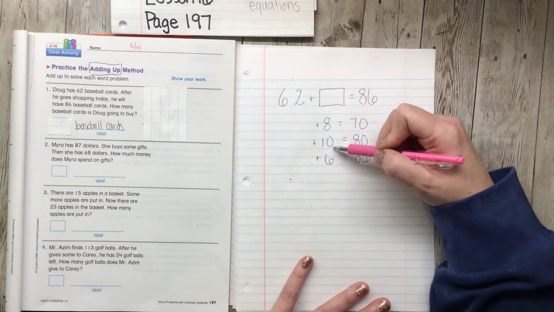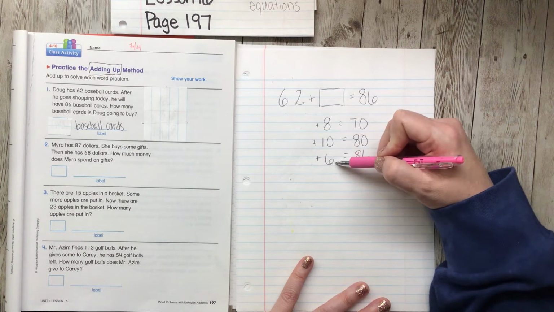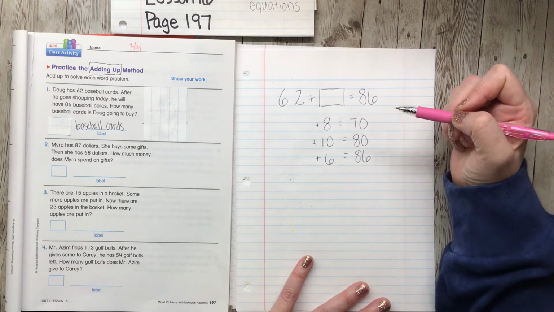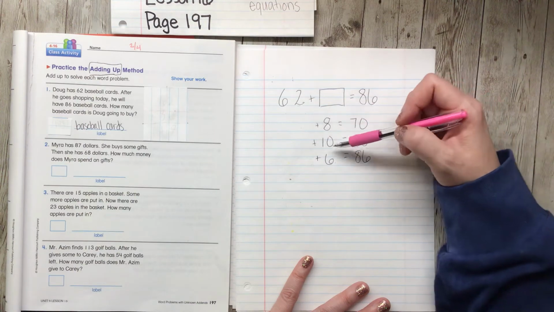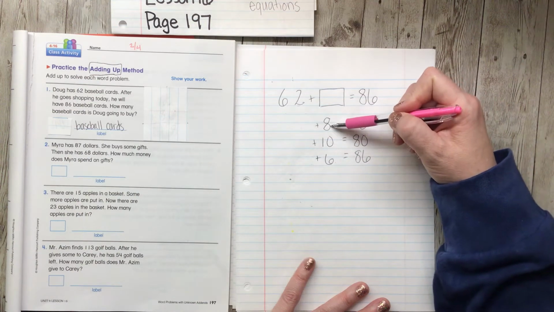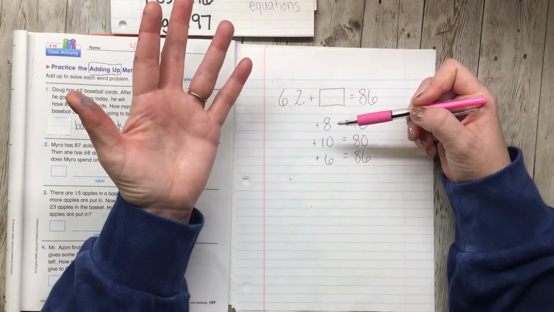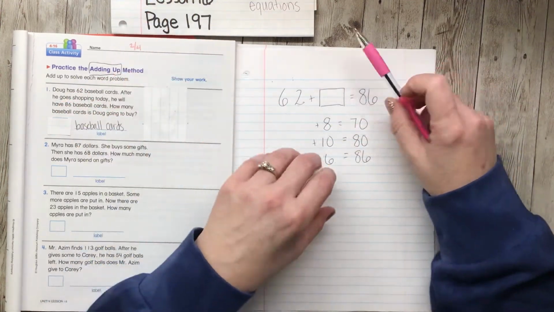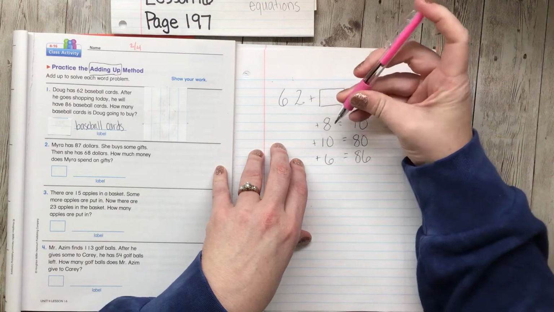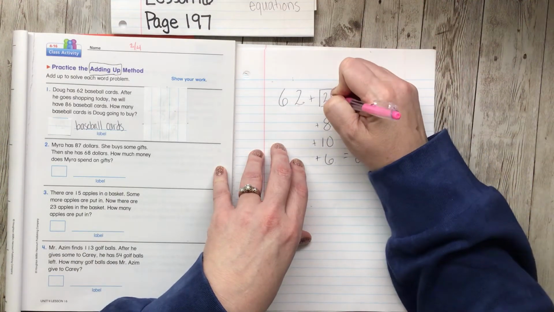Now I'm going to add those three numbers together, and that will be the missing number. So 10 plus 8 is 18, plus 6 more: 19, 20, 21, 22, 23, 24. So our answer here is 24.